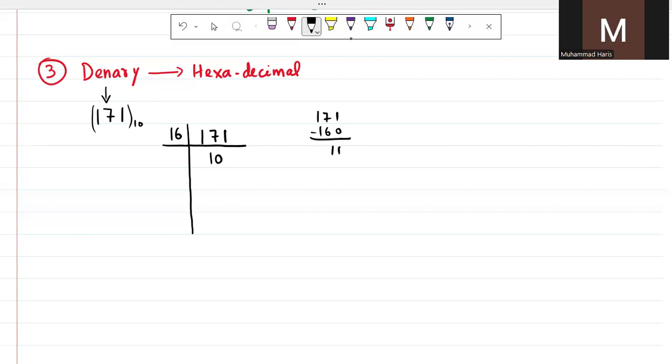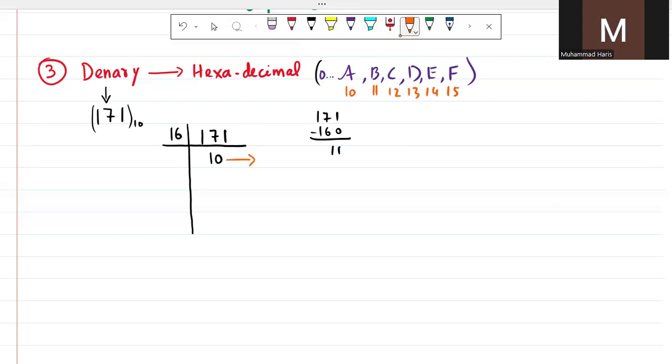And as we know, in the hexadecimal number system, A, B, C, D, E, and F come after 9, and we know that they are written as 10, 11, 12, 13, 14, and 15.